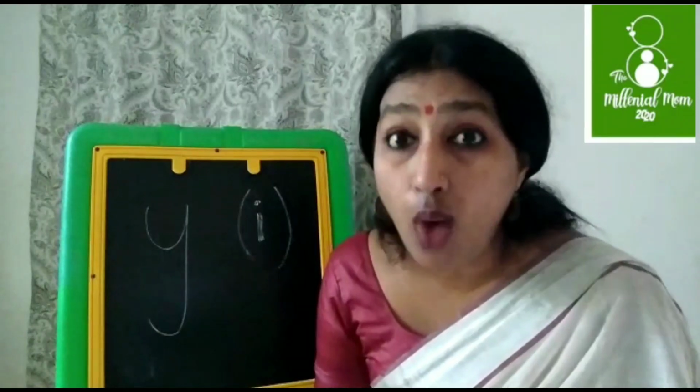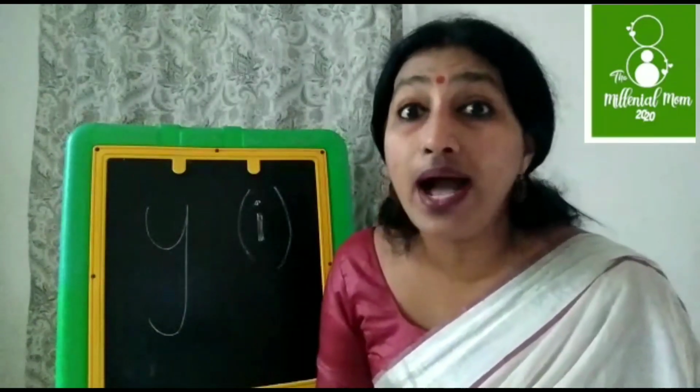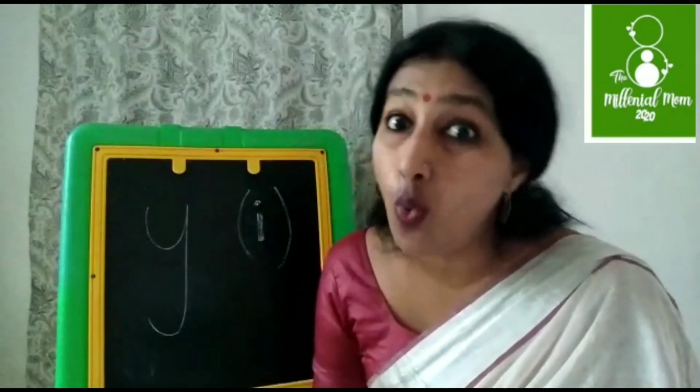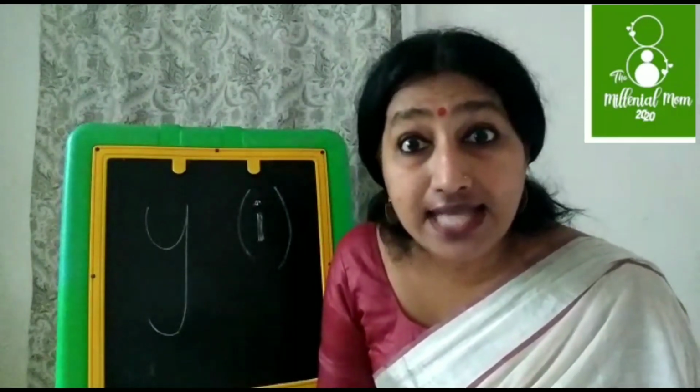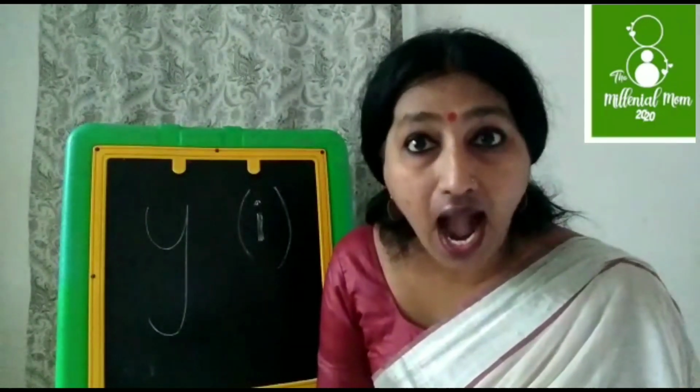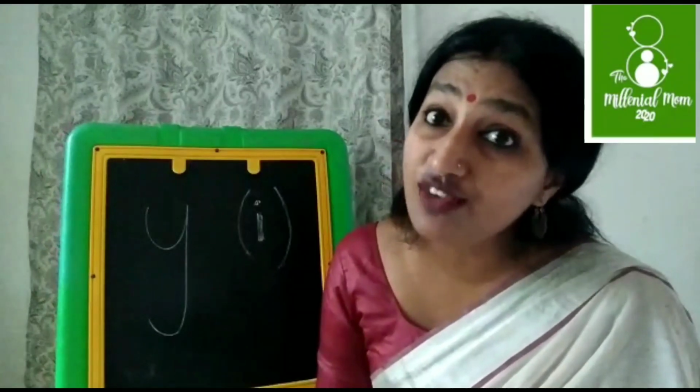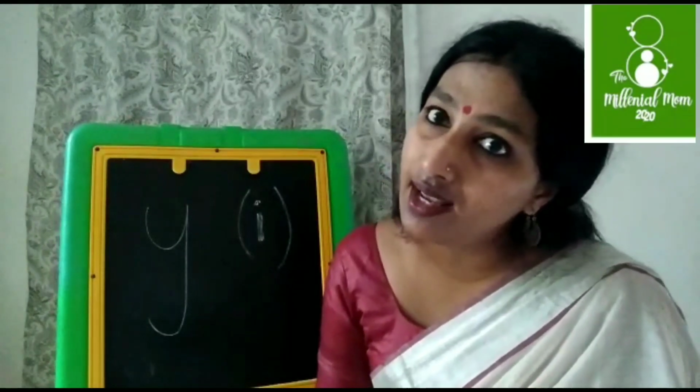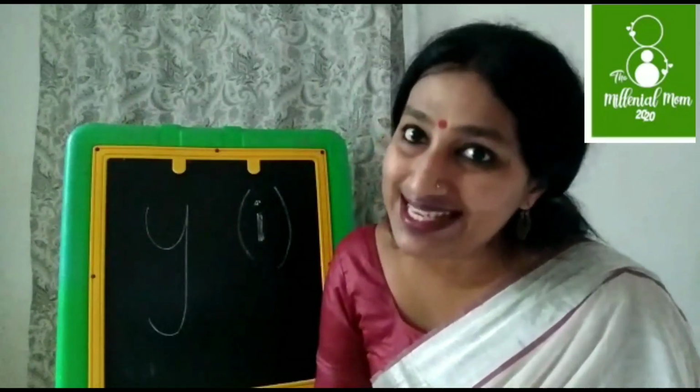No. Then what sound does Y take in the word happy? Happy. E. Y says E in the word happy. So that is another sound of Y. Now look at the word sky. S-K-Y. Sky. I. What is the sound of Y in the word sky? I. Another sound of the letter Y.